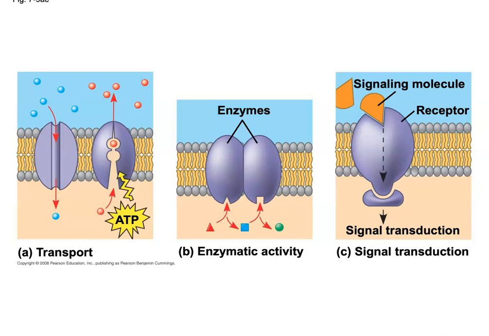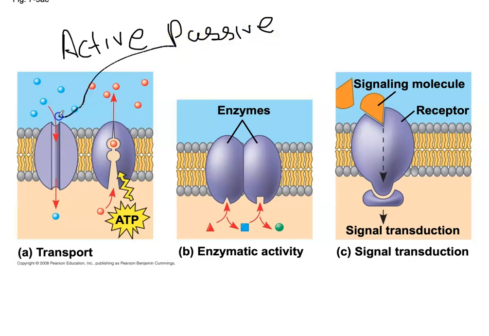Transport proteins. In terms of transport proteins, there are different types of transport proteins you might have. One is active transport, and the other one is passive. This is passive transport, and this is active transport.